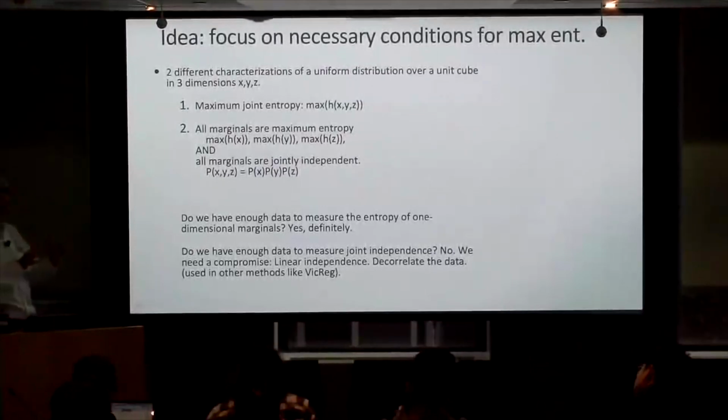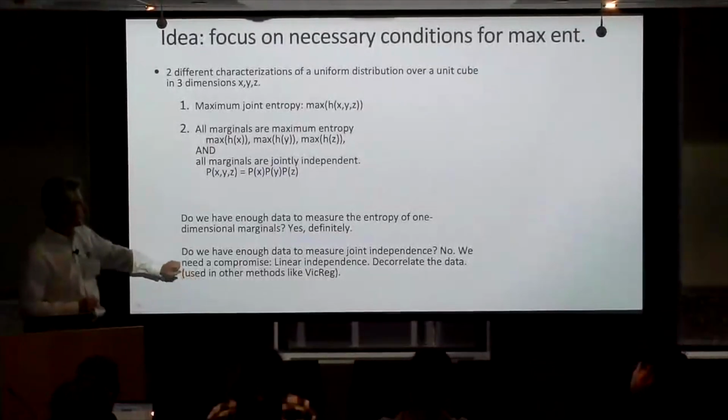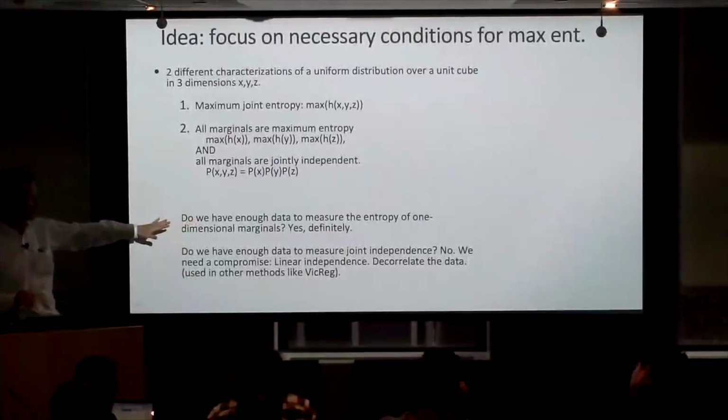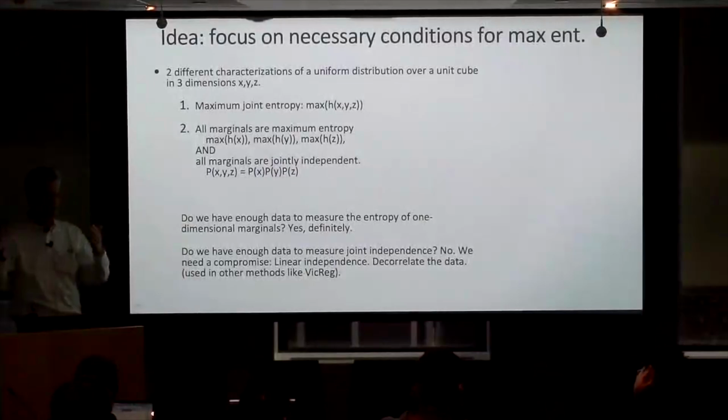If we achieve linear independence and max-entropy marginals, we could still have some structure in our joint distribution. For example, the parity of x, y, and z could be structured.